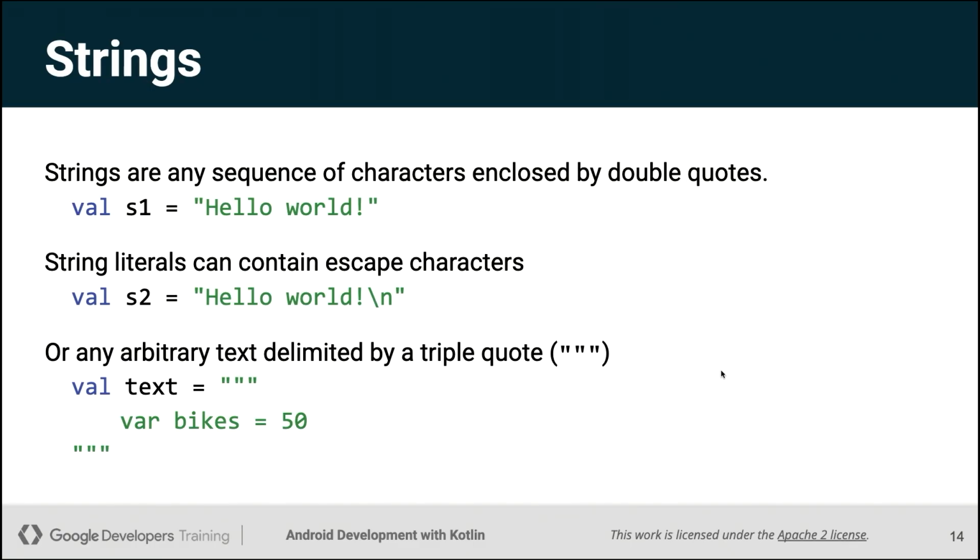A string is one of the most common types, together with int, boolean, and double. Strings are quoted. If you need new line, you do \n, like in most languages. If you want it to be several lines, you use triple quote, similar to what you have in Python, right?